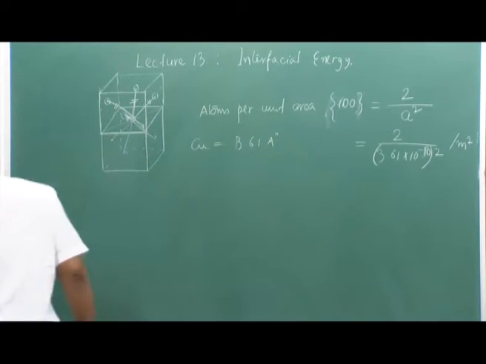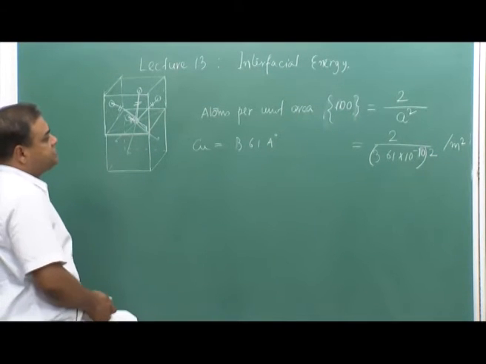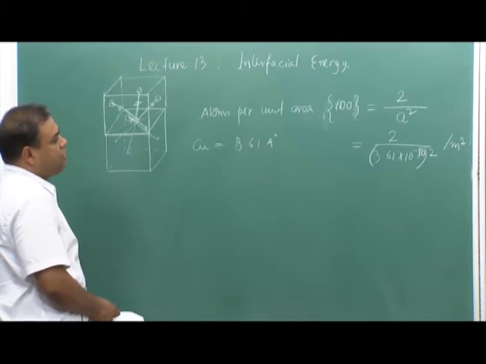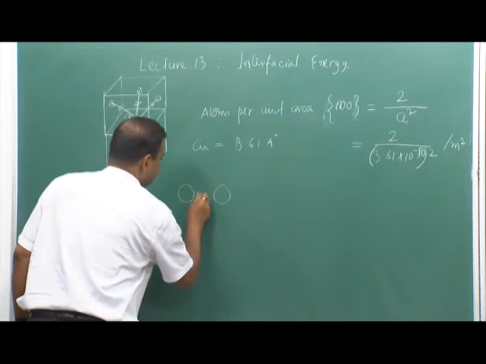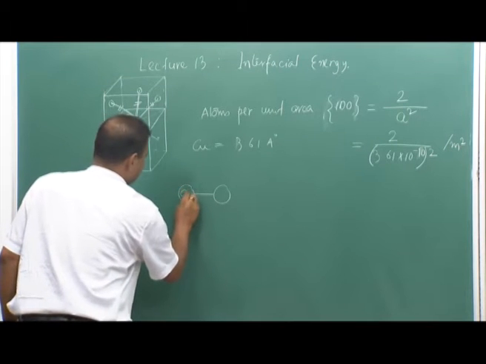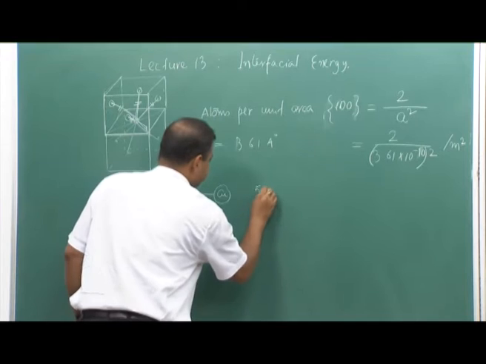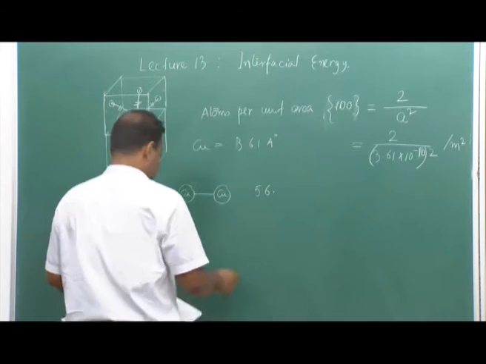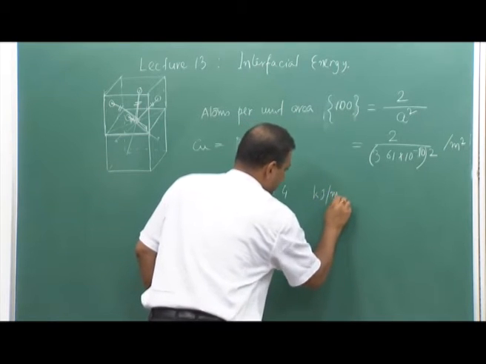Now, if we try to find the bond energy of copper, that means 2 copper atoms, and the bond energy is 56.4 kilojoule per mole.